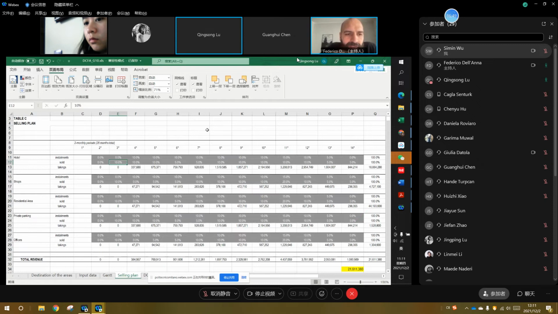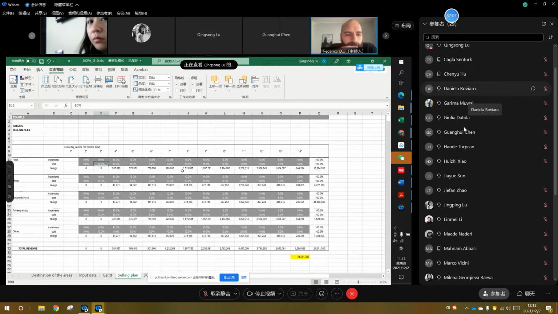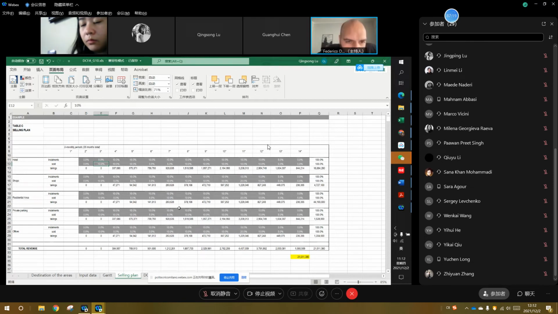The installments refers to the revenue, the money that I can obtain from the operation. The sold is related to the surface sold. It is not very common to see a difference in the value between installments and sold, but if you consider a variation of the price in the different periods, you can consider a different rate in installments and sold.